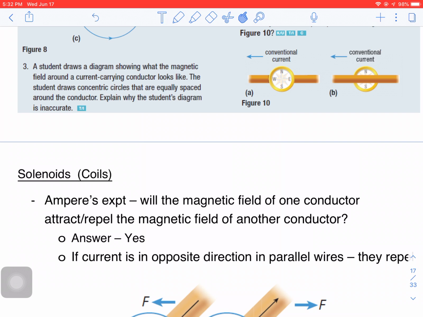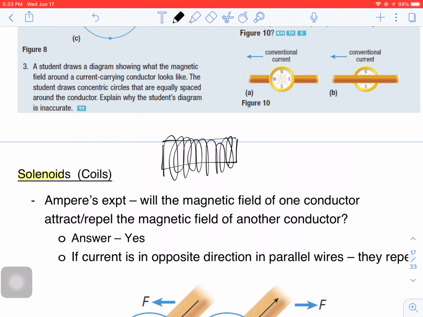Now, the second part of this chapter, 17.2, talks about things called solenoids. A solenoid is a coil. So if you can imagine going to the store and buying a spool of string, and the string usually comes wrapped on a piece of cardboard, and when you get to the end, it goes back on itself.